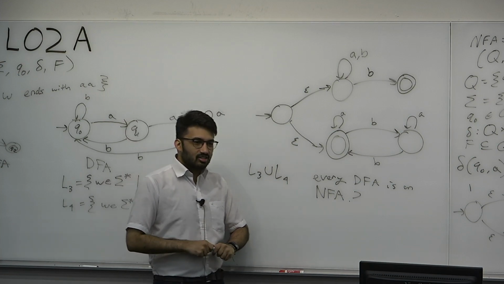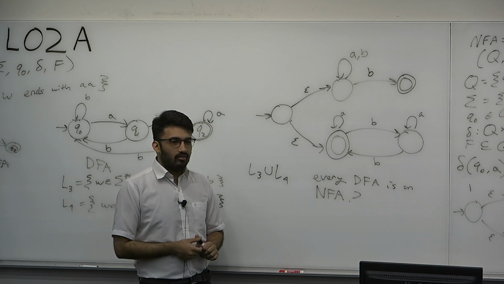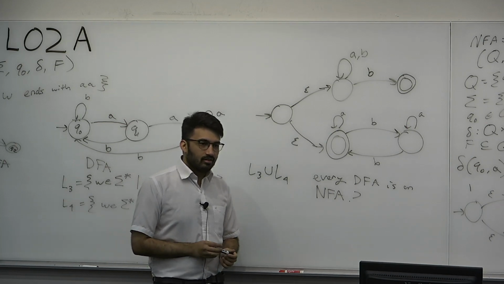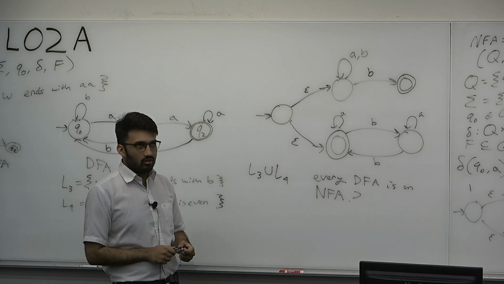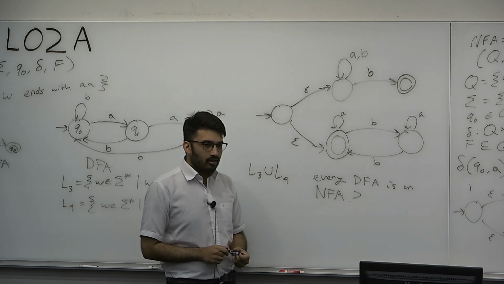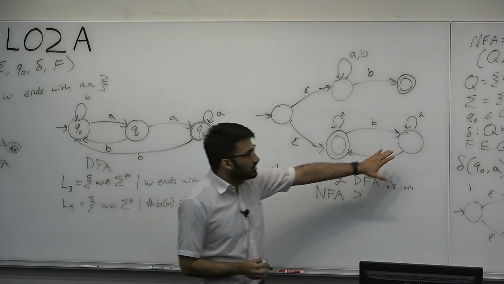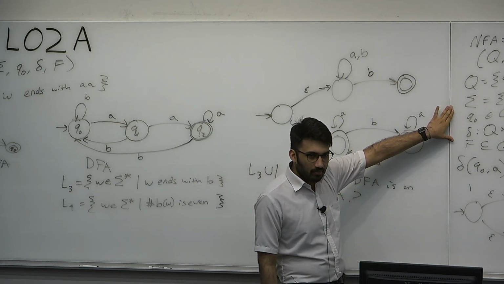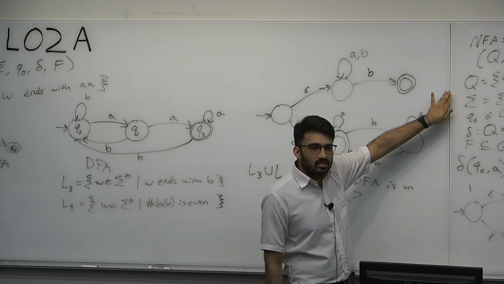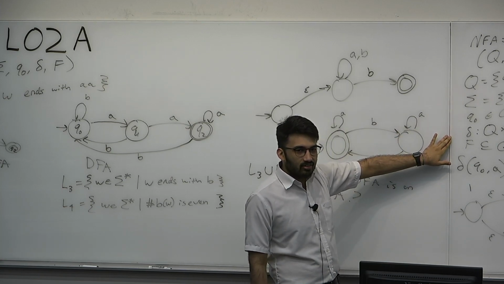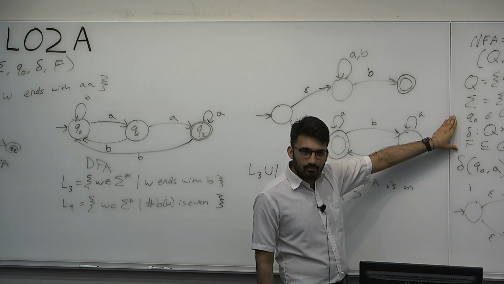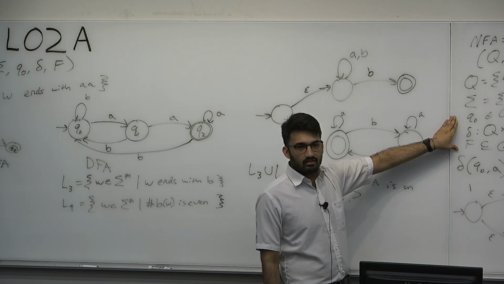The DFA is just a restricted form of the NFA, or you can think of the NFA as a direct generalization of the DFA. So if you take any DFA, the definition of a DFA is going to satisfy the exact definition of the NFA. But there may be NFAs which aren't DFAs, right?